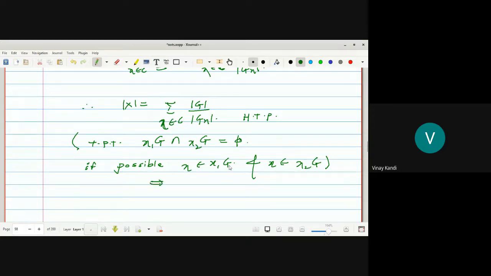By the definition of x1G, this x is related to x1, and this x is also related to x2. By the transitivity property, since it is a partition, it will be an equivalence relation. x is related to x1, x is related to x2. This means x1 is related to x2. Is it correct?